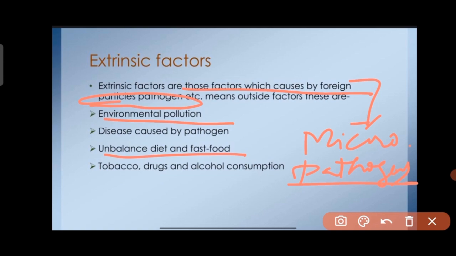Can we say that whatever the factors, what are the factors that determine better health? I also told you that we'll be discussing it in the introduction part, the factors that determine better health.